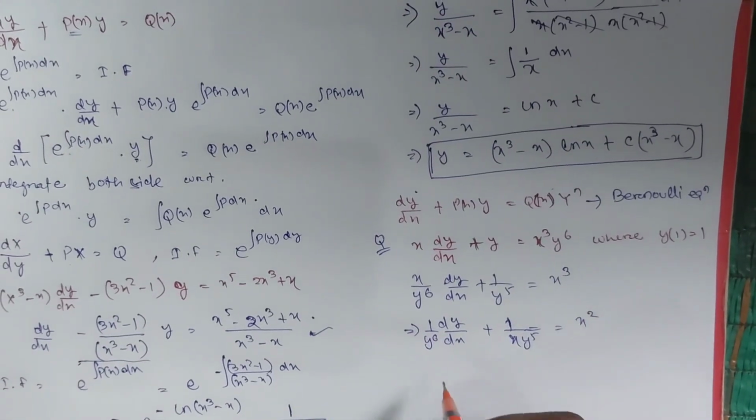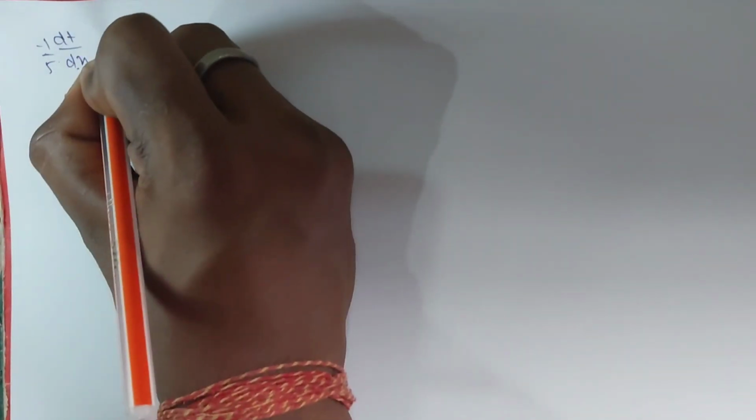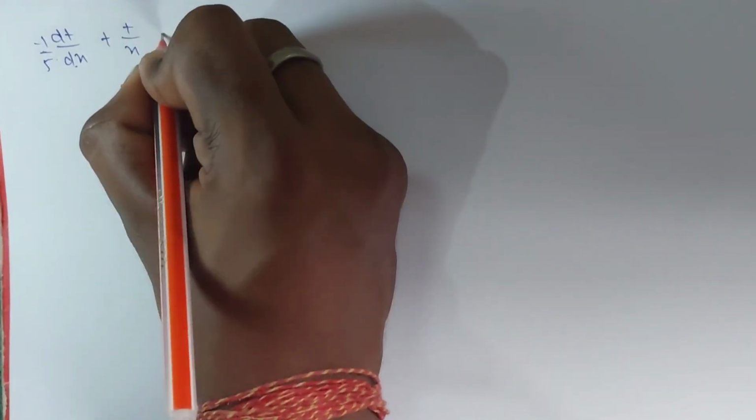Now we have to substitute for the dy/y^6 term and the 1/y^5 term. We can write it as dt/dx, minus 1/5 dt/dx plus t/x equals x square.